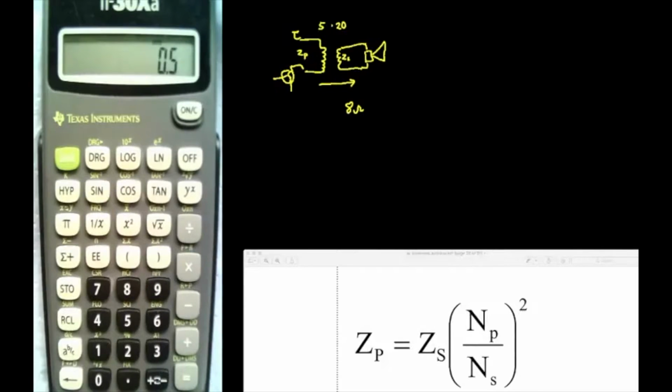And the impedance of the primary then would be 0.5 ohm. Now that's not a very good example because that isn't the sort of value you'd expect to match the transistor output circuitry, but it's just illustrating the use of the calculator there, so you'll have to forgive me that one.